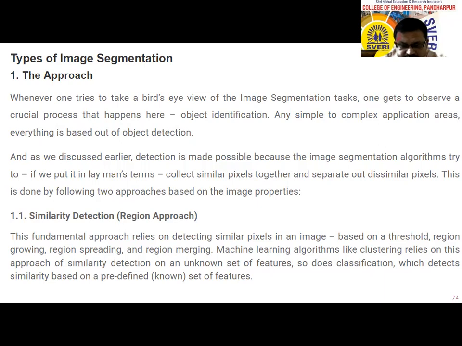Machine learning algorithms like clustering rely on this approach of similarity detection on an unknown set of features. So does classification, which depicts similarity based on a predefined or known set of features.